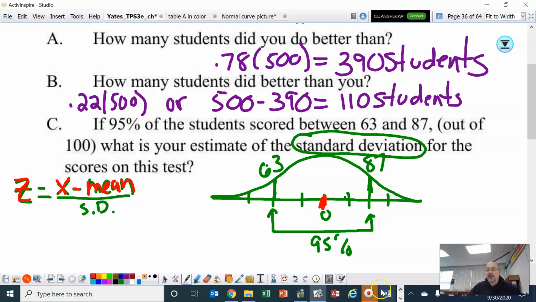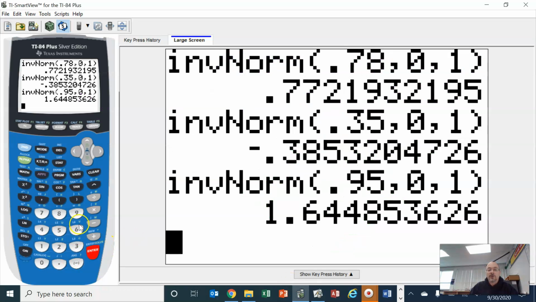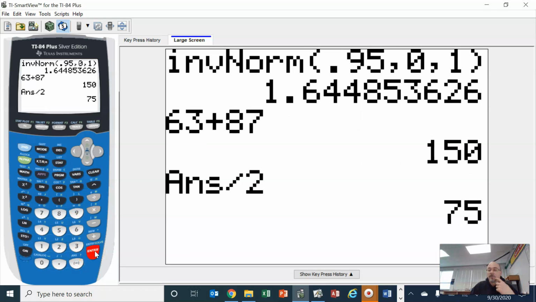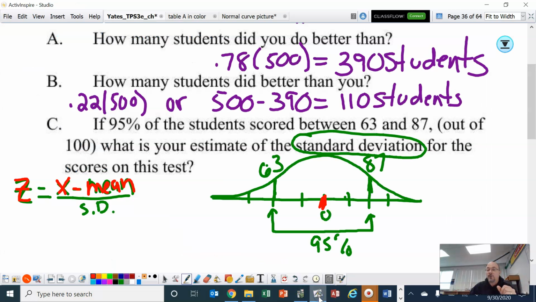So the mean, we're simply going to take the 63, which is 2 below, the 87, which is 2 above, add those together, and then divide by 2. So our mean is going to be 75. So we were able to figure that out. So this is 75.